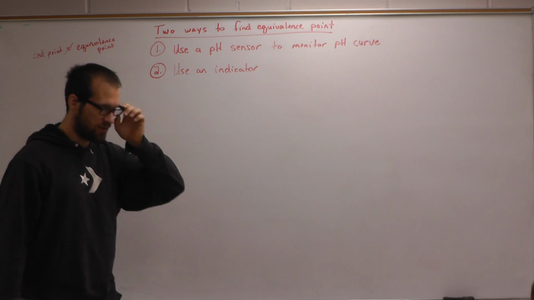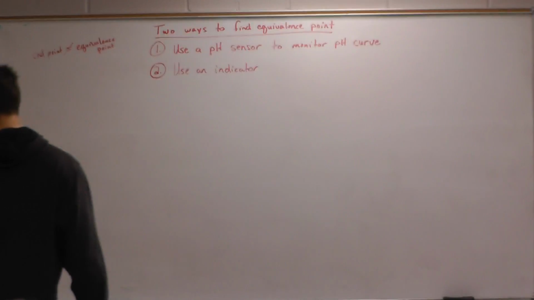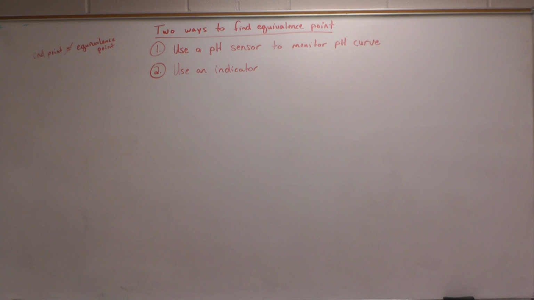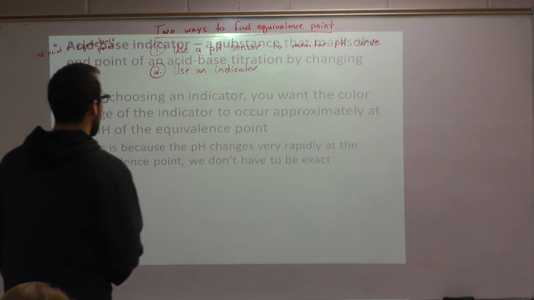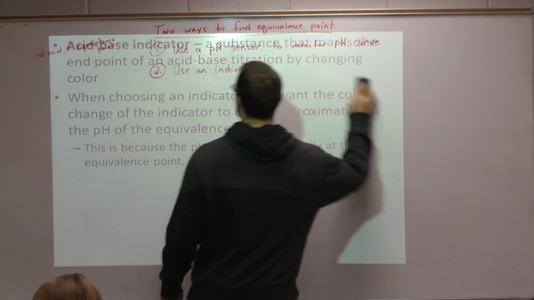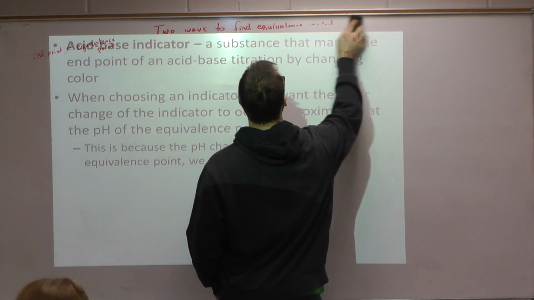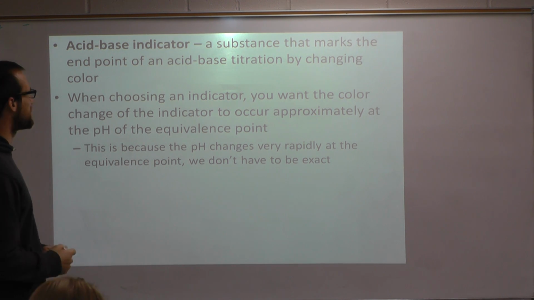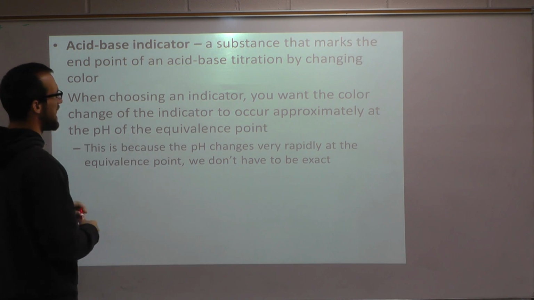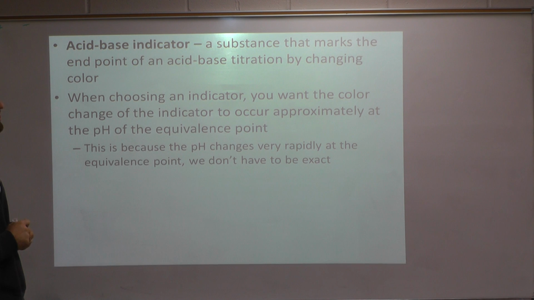So we're going to talk today about acid-base indicators, how they work, what goes on with them, and so forth. So, what is an indicator? Okay? An indicator is a substance that marks the endpoint of an acid-base titration by changing color.